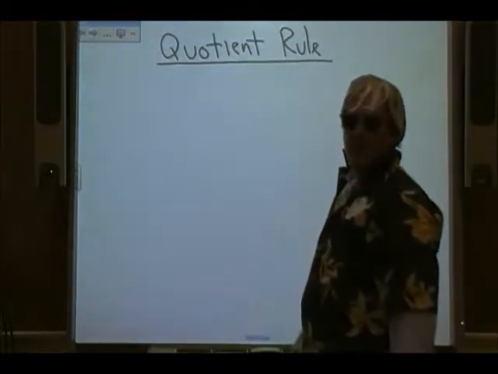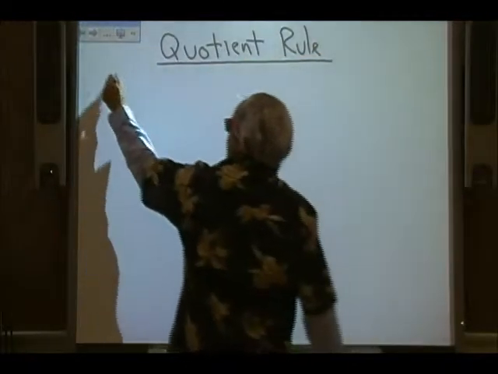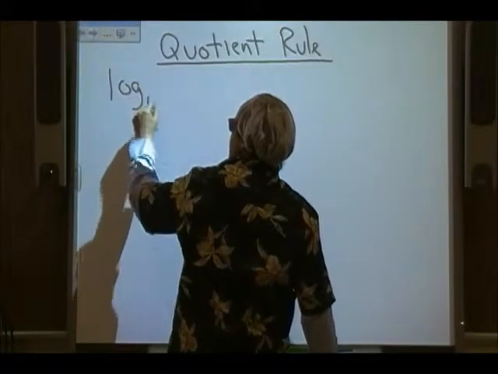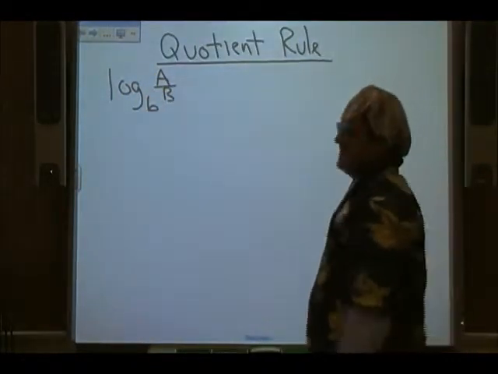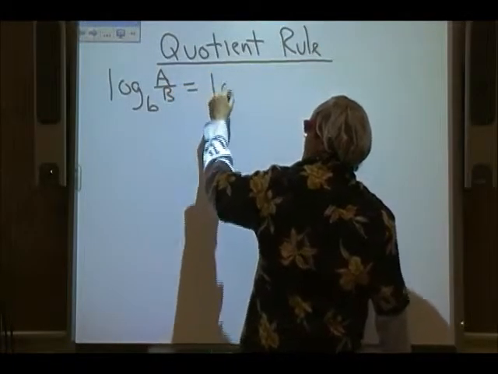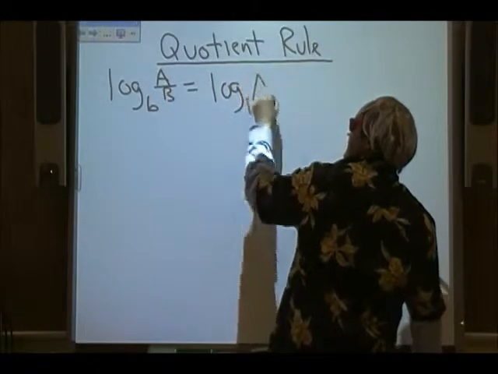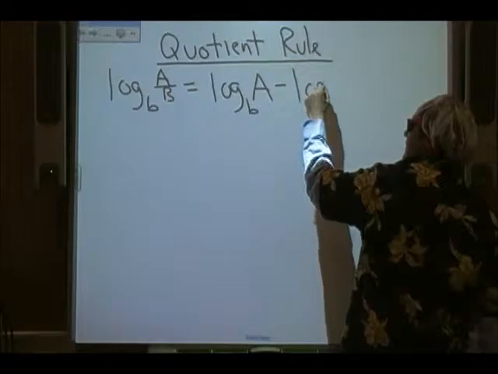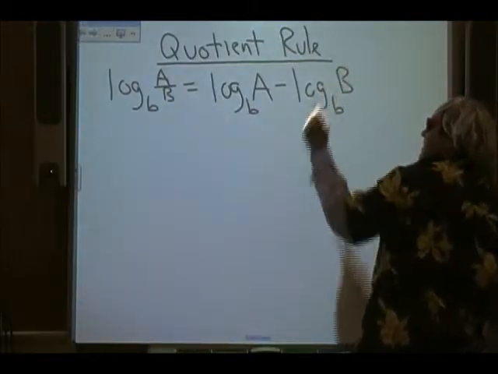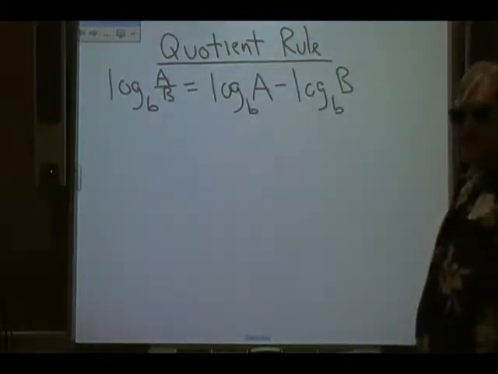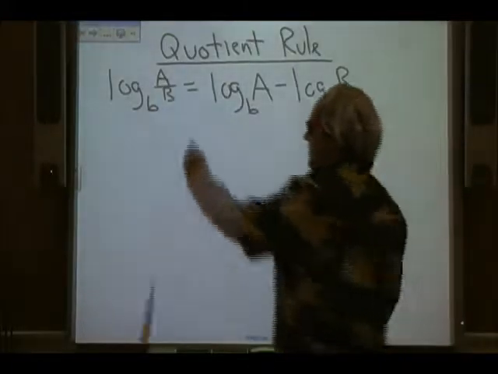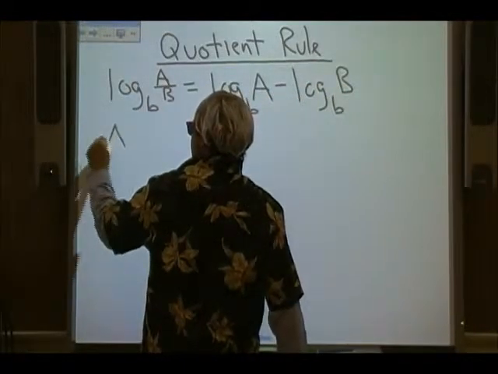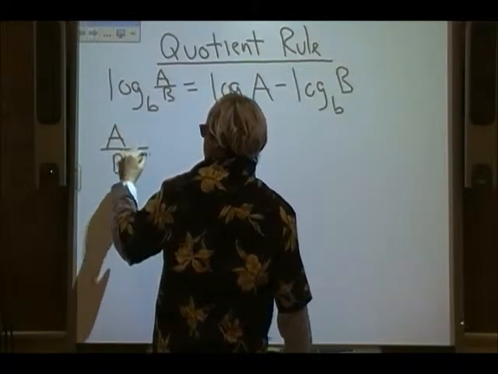Quotient rule. Quotient is the divide. So that says basically that if I have the quotient of these two, then that equals log base b of a minus log base b of b. Now let's see why that is. Well, we start with what is a over b?